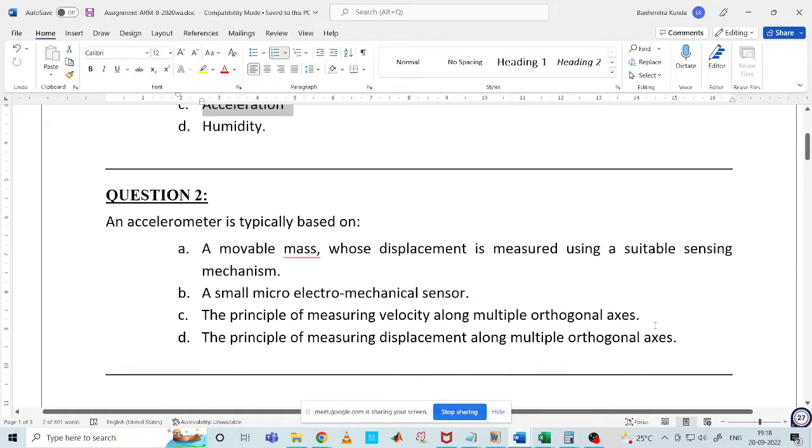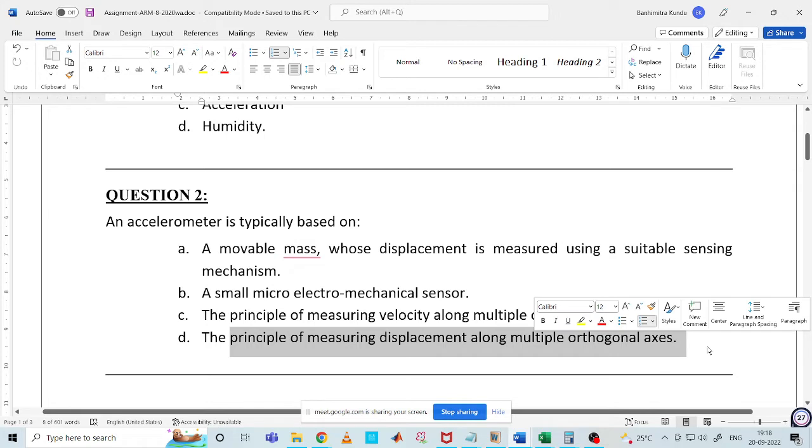A and B. Anyone else? A, B, D. Why do you think it's D? It's a good observation, but why do you think it's D?